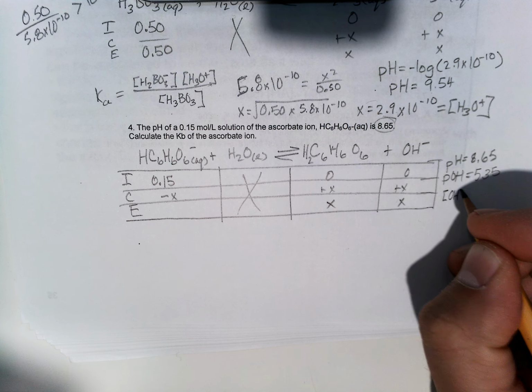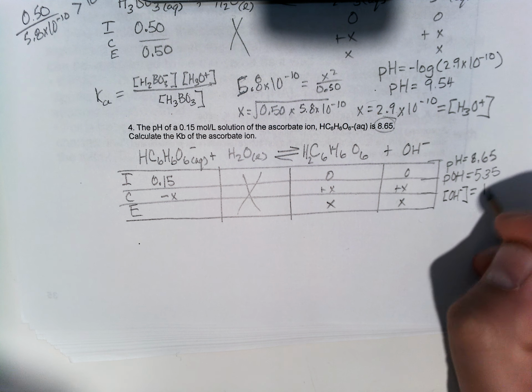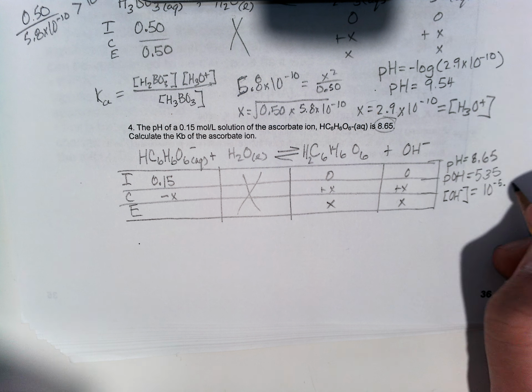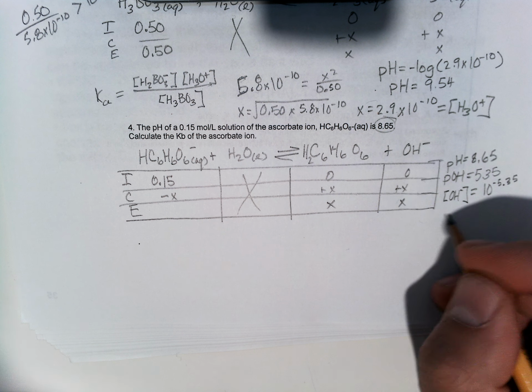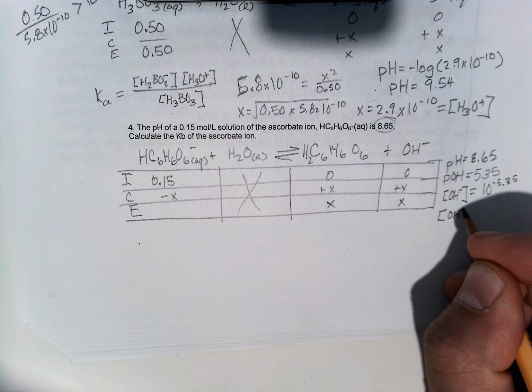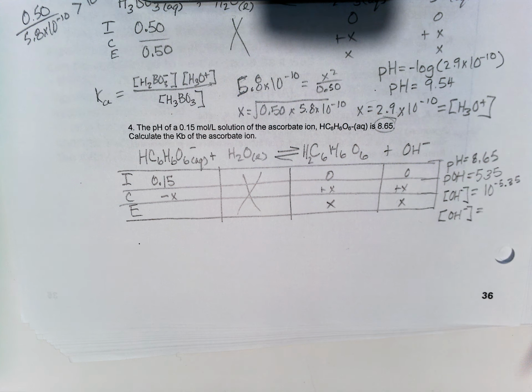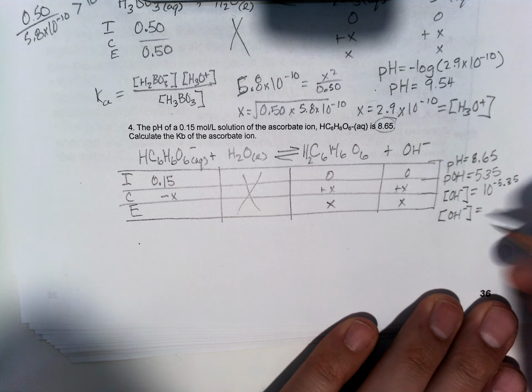And so our concentration of hydroxide is equal to 4.5 times 10 to the negative 6.